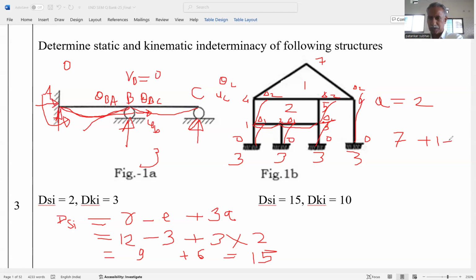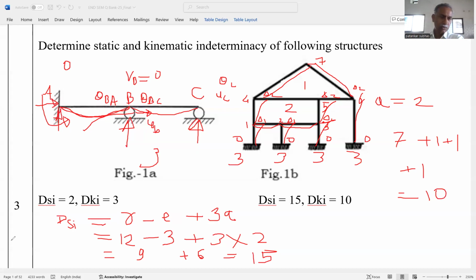So 1, 7 plus 1, 8, plus 1, 9, and plus again at this joint there is a translation. It may be shifted somewhere here, and that's why we can say plus 1. So 7 plus 1 plus 1 plus 1, that's why the DKI is equal to 10.